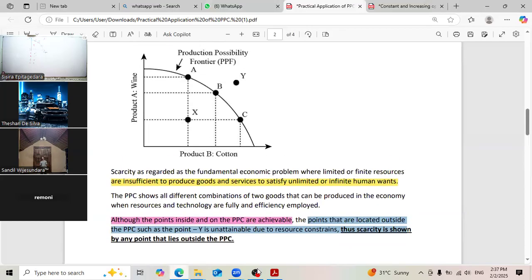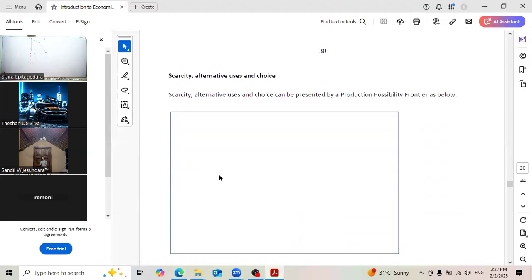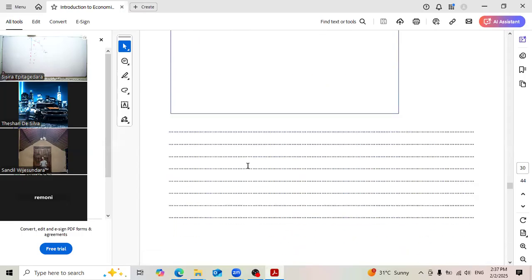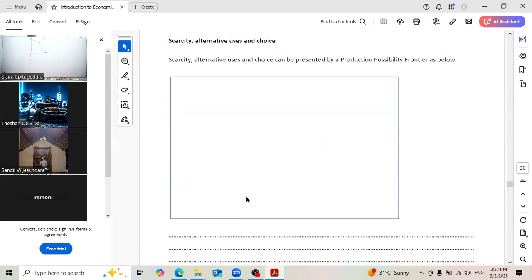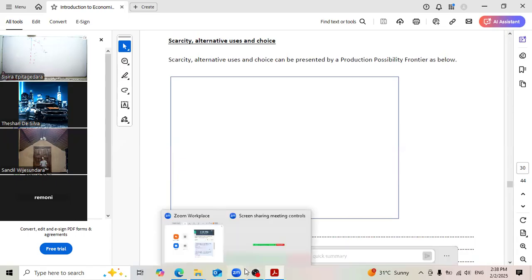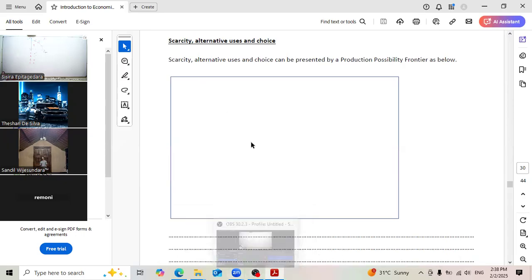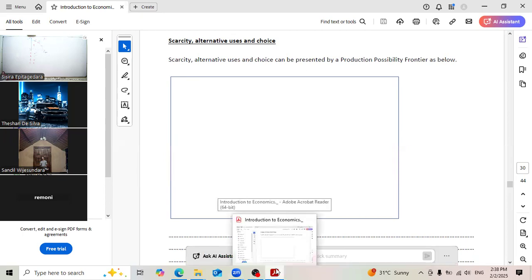Okay. Then you are tuned, Lamai. You can write it down. Page number 30. Write down this diagram. And after that, you have been given these lines, Lamai, to explain how to show scarcity on your diagram. Lamai, Lakshan, it's better to take printouts. Draw this curve inside the box given.